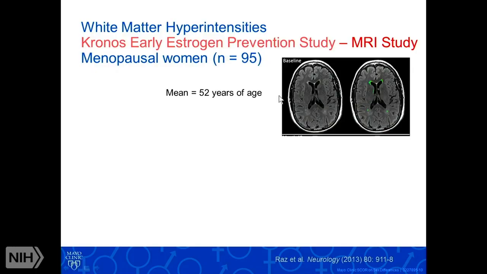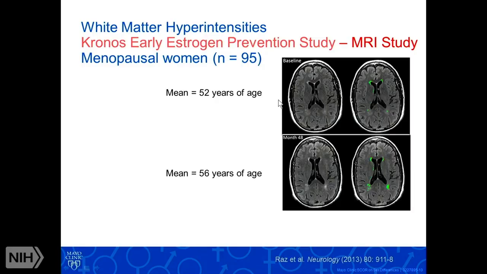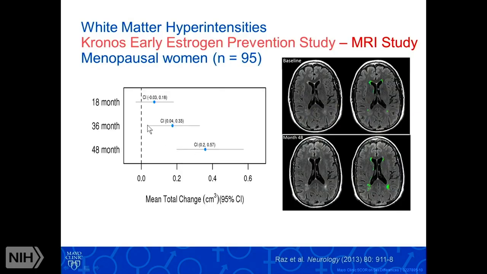relative to aging. And what is amazing to us was that every woman we imaged within this age group had white matter hyperintensities. And as we followed them over the 4 years, these increased, such that we saw a linear progression of the white matter hyperintensities over the 4 years of the study.